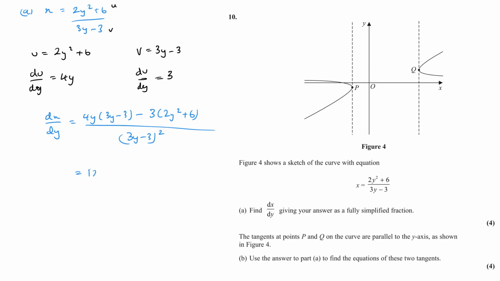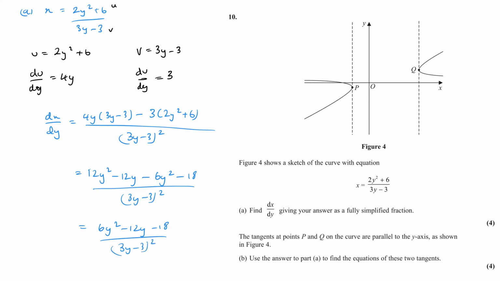So not 4, it's going to be 12y squared minus 12y minus 6y squared minus 18, over 3y minus 3 squared. So that's going to give me 6y squared minus 12y minus 18. Now I can take the 6 out, so y squared minus 2y minus 3.